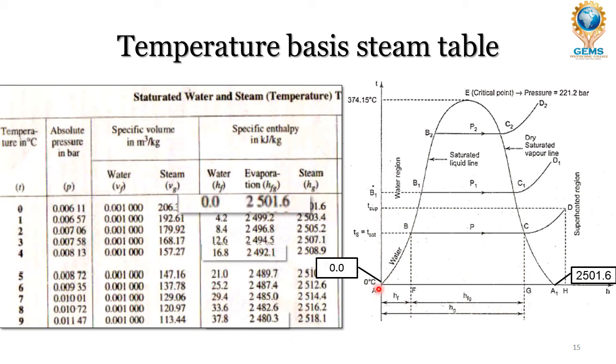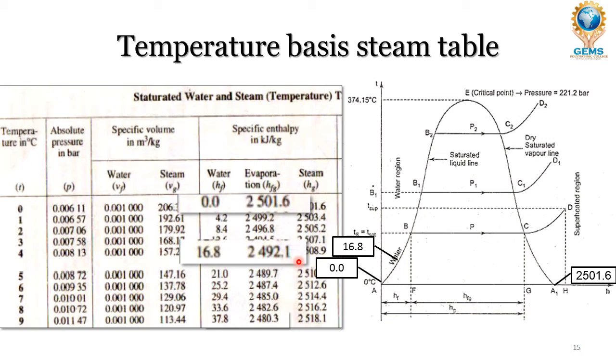Now we take values randomly and gradually increase: 16.6 for Hf and 2492.1 for Hfg.